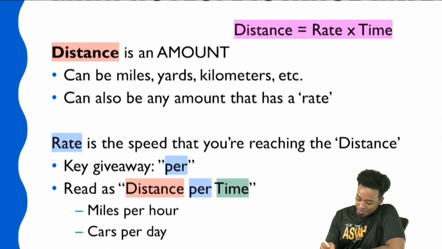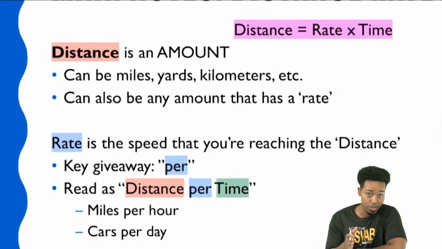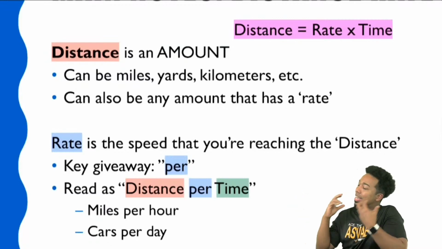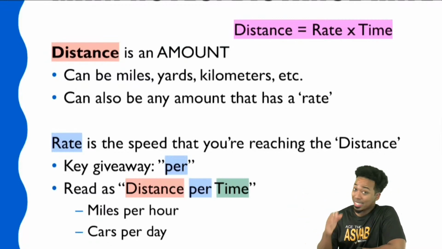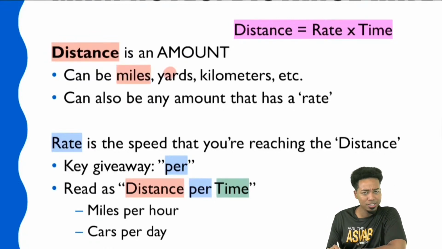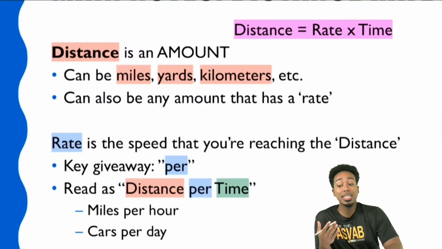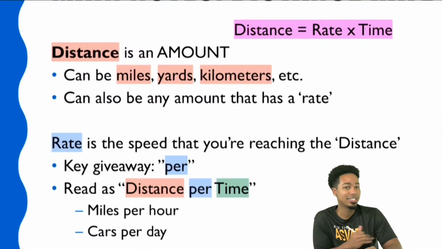So distance. Again, distance is an amount. This is the shortened version of last week's notes, but nonetheless, it's still complete. Distance is any amount that you can achieve. Typically, the examples that we're looking at are miles, yards, kilometers. Those are true distances.